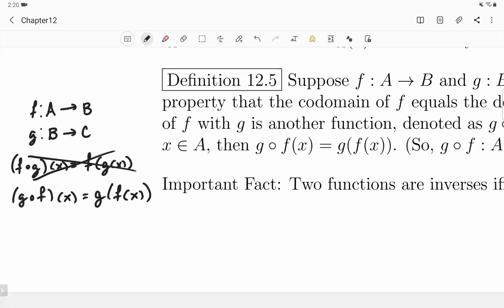So in terms of sets, we could write it this way. G composed with F equals the set of ordered pairs.